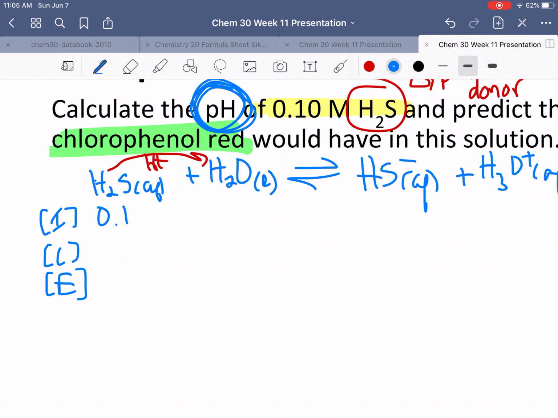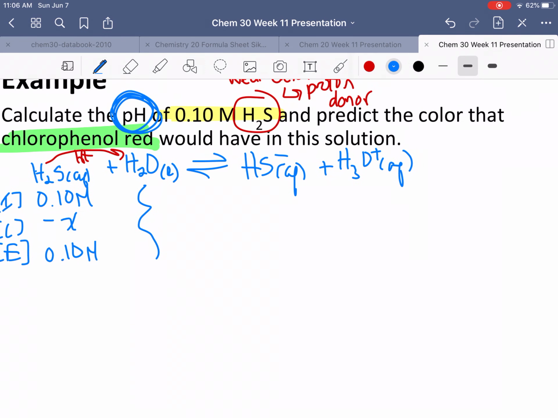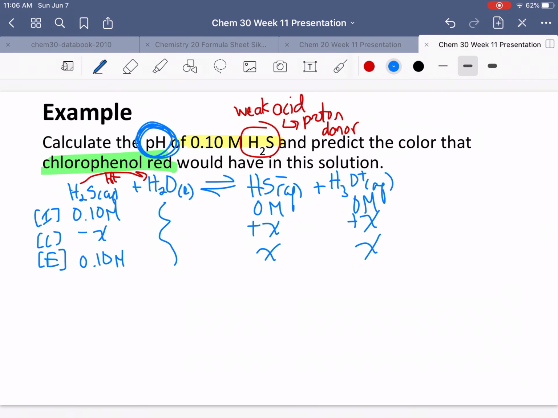It starts with a concentration of 0.10 mole per liter minus X. X is going to be fairly small, so we can assume the equilibrium concentration will be close enough to the initial concentration. Use it as is. Okay, on this side, these both start at a concentration of 0. They are 1-to-1 ratios. Should we add X to both? X and X. Now what? Like I said, total review of last week, guys.